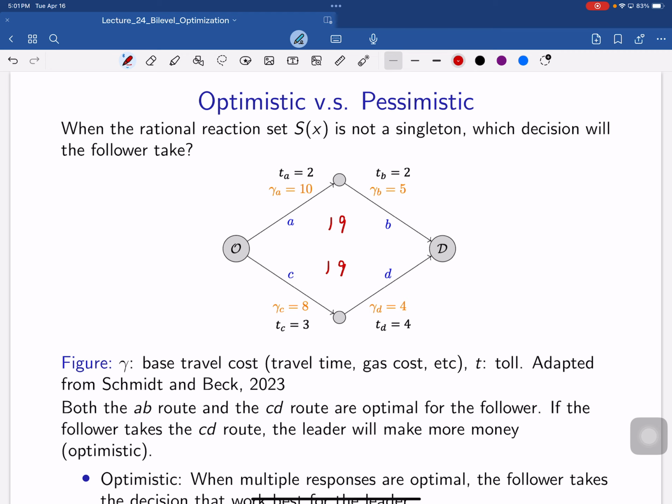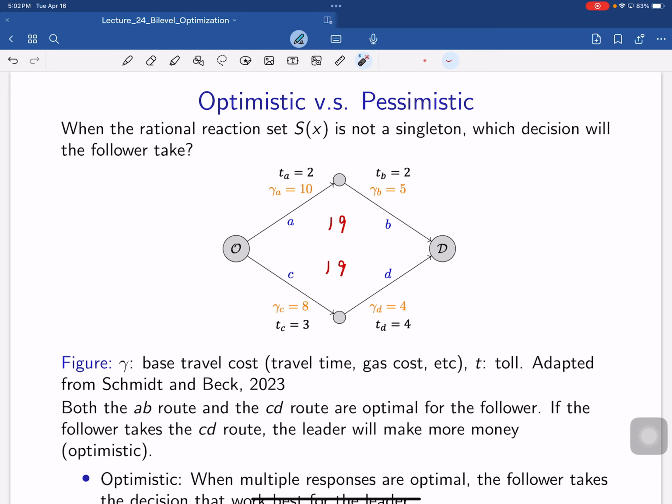But it's not equivalent for the leader, because if you travel through A and B, the tolls are lower than traveling through C and D. So the leader will make a different amount of money based on the traveler's decision.